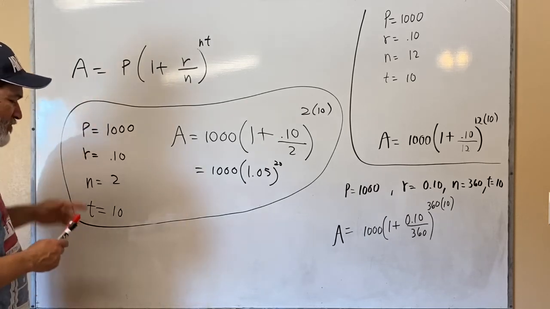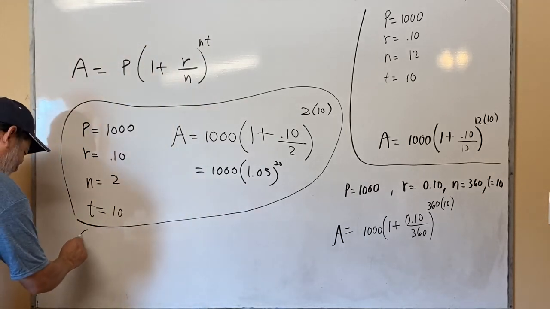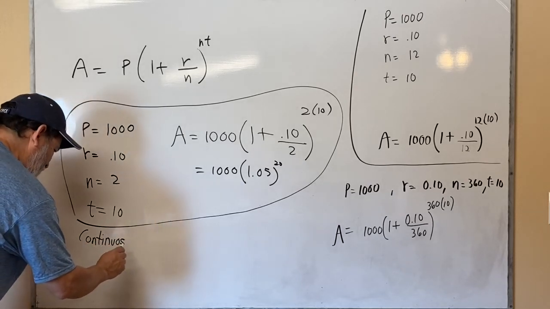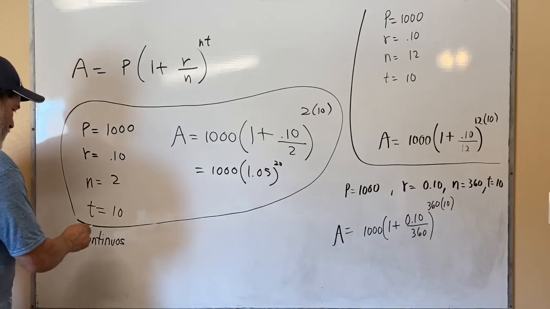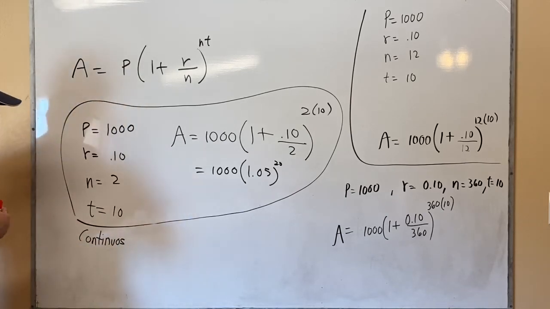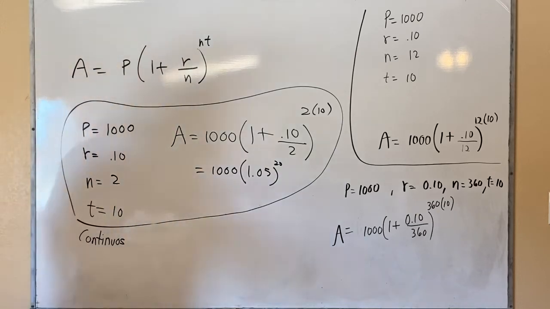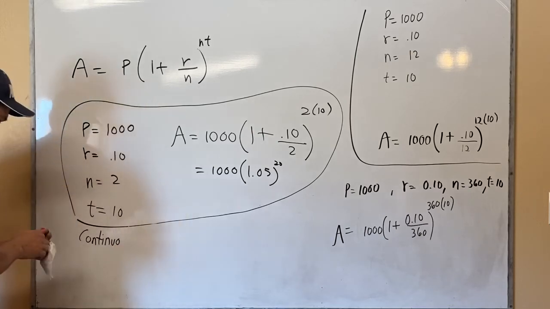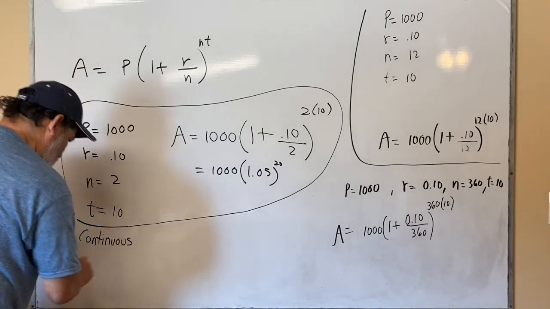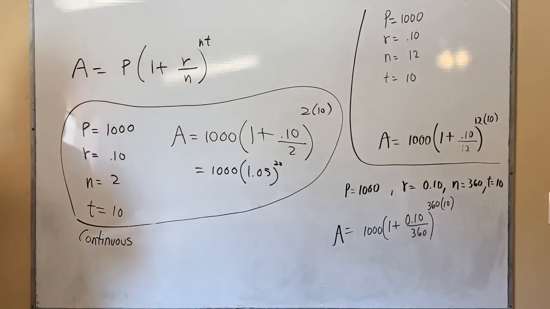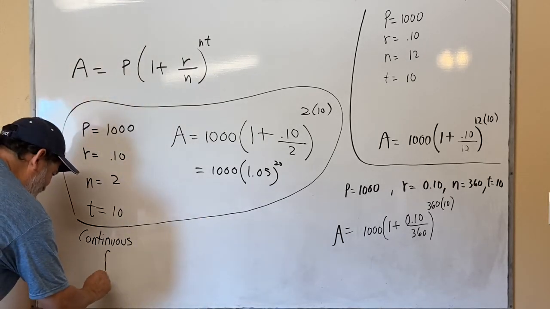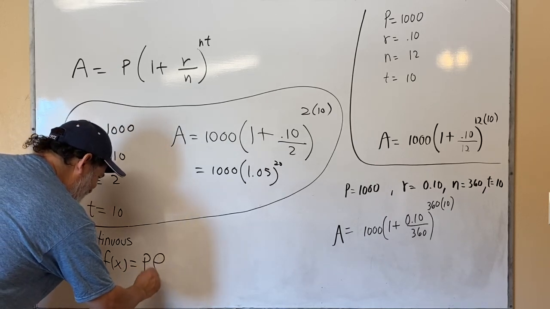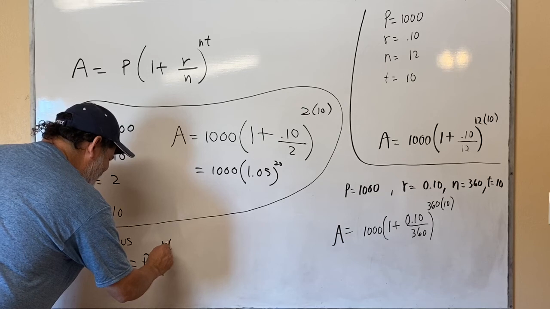For continuous compound, f of x equals P e to the r t.